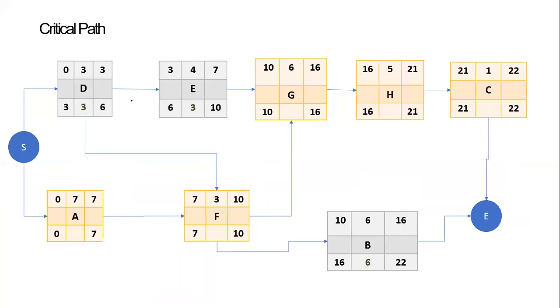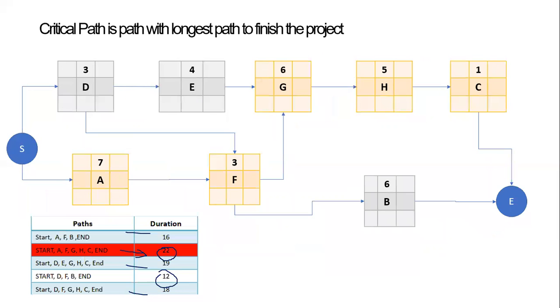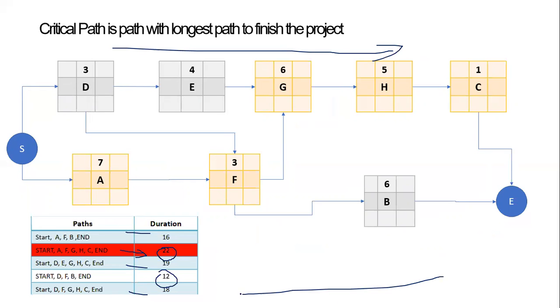So what we are going to do is calculate the float, and how it is calculated is we have to calculate something called forward pass and backward pass. So let's go back to earlier for a second. Okay. Forward pass is nothing but adding the numbers along the path, and the critical path is 22.